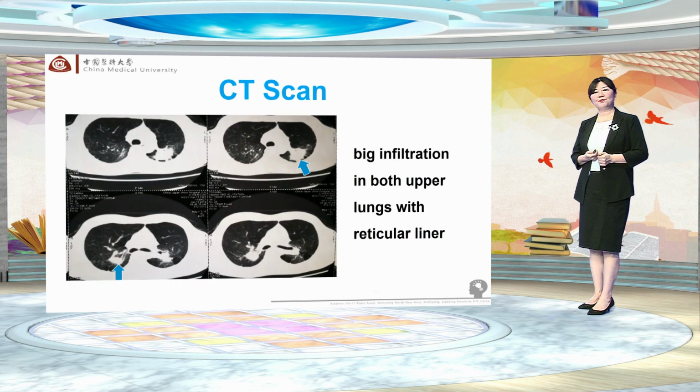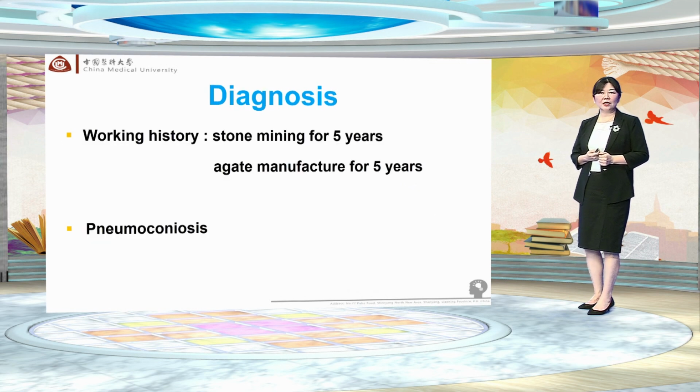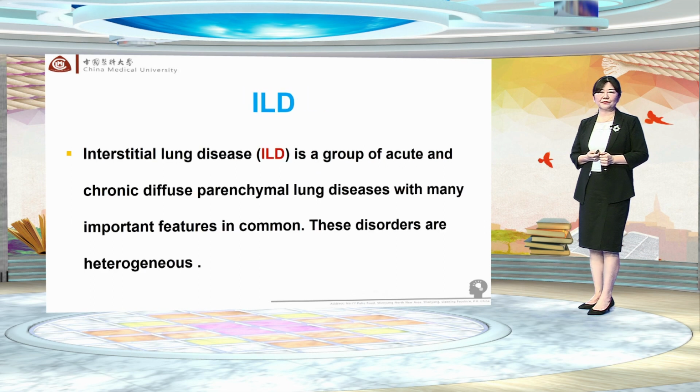The CT scan showed patchy infiltration in both upper lungs with reticular linear shadows. So we asked about his working history. He had worked in stone milling for 5 years and agate manufacture for 5 years. So the diagnosis of this patient was pneumoconiosis.